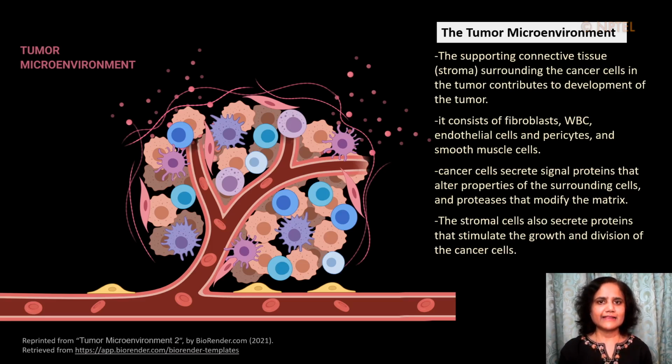So cancer cells secrete signaling proteins that alter the properties of the surrounding cells in the tumor, and also some proteases that can modify the matrix surrounding them. The stromal cells, on the other hand, also secrete proteins that stimulate the growth and division of the cancer cells.